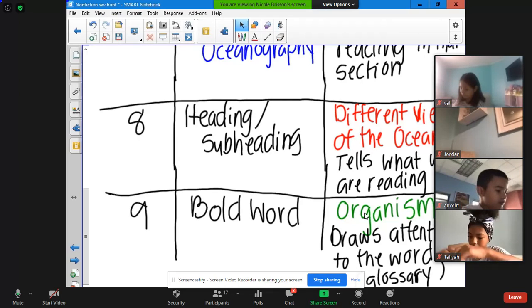So for your exit ticket, my friends in the classroom, you're going to do it on a sticky. My friends at home, you're going to write in the chat. I want you to tell me about one of the nonfiction text features that we discussed today. Think about the one that you think is the most important.